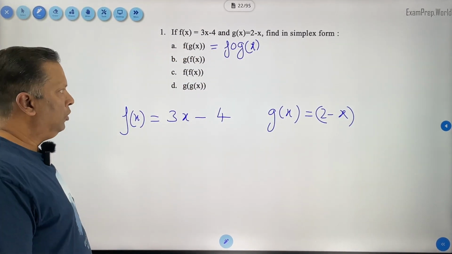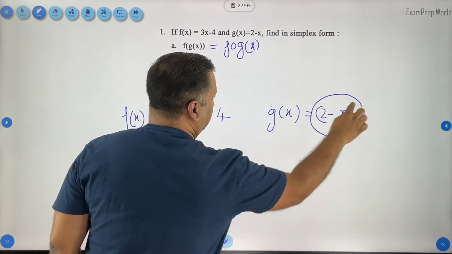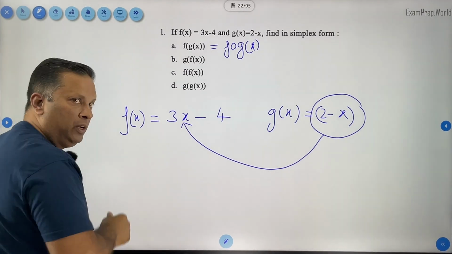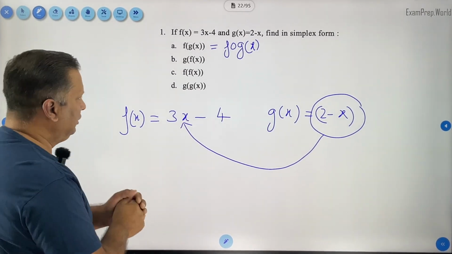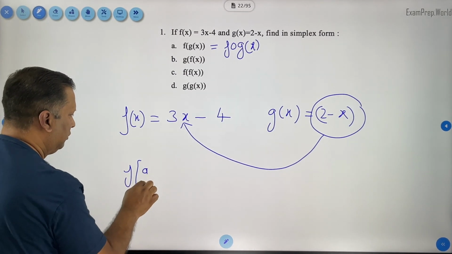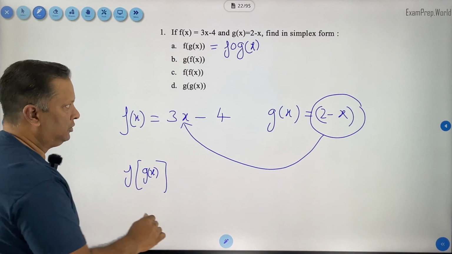Okay. Now what you have to do in this case, g of x, this particular thing, bring it and input inside f of x wherever x is there. How will it happen? Look. We are bringing complete g of x inside f of x.